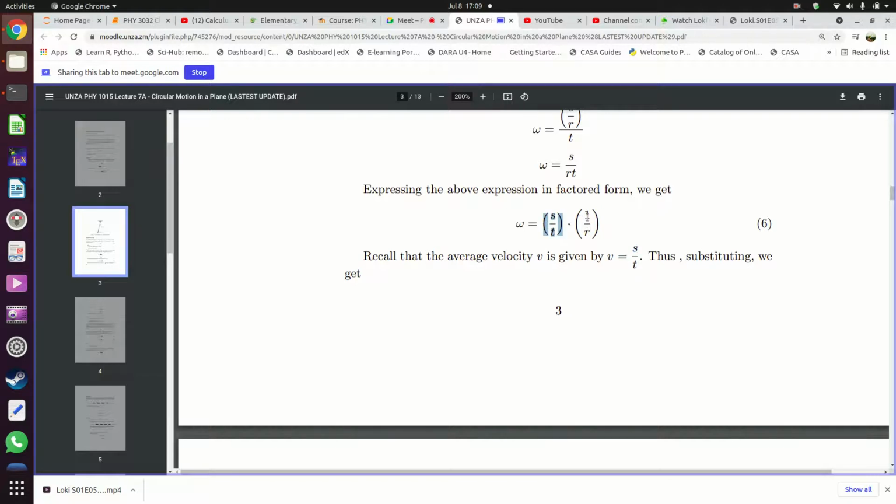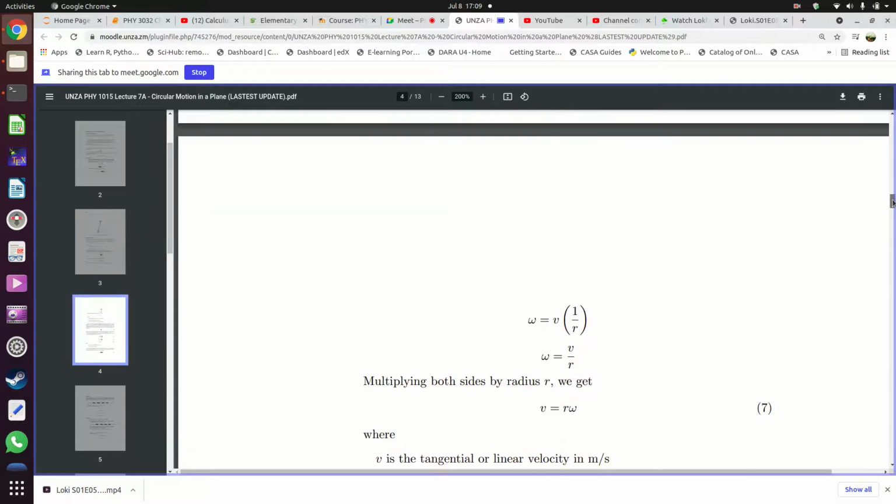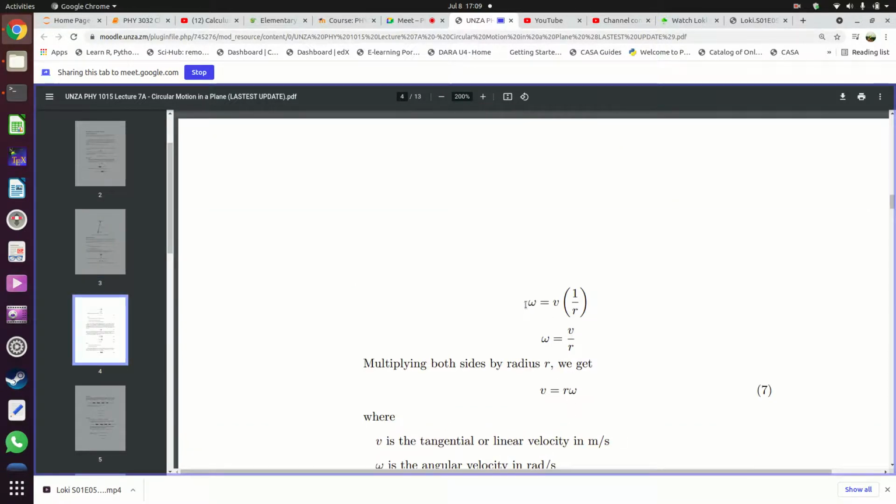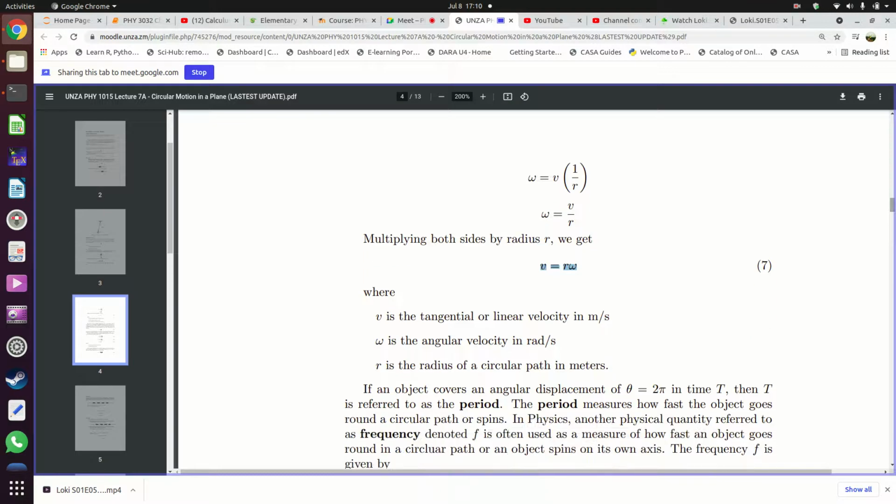Then you multiply V by 1 over R. So you end up having omega is equal to V divided by R. If you multiply both sides by R, you end up with V is equal to the radius multiplied by the angular velocity. This is the relationship we used in one of our examples last week.